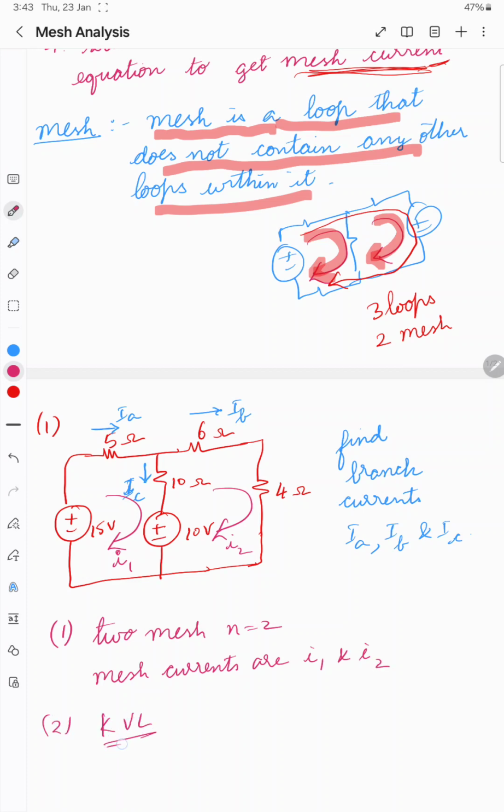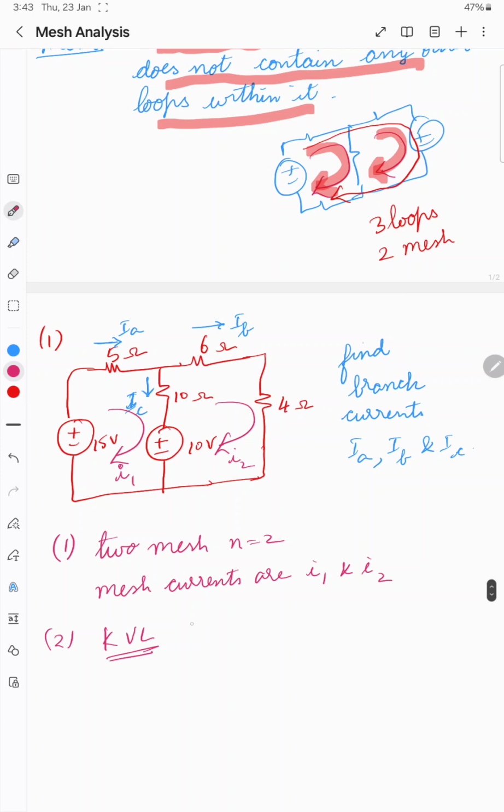Then what you have to do is apply Kirchhoff's voltage law for mesh 1. What does Kirchhoff's voltage law state? For the first mesh, the sum of the voltages in the loop is equal to 0.